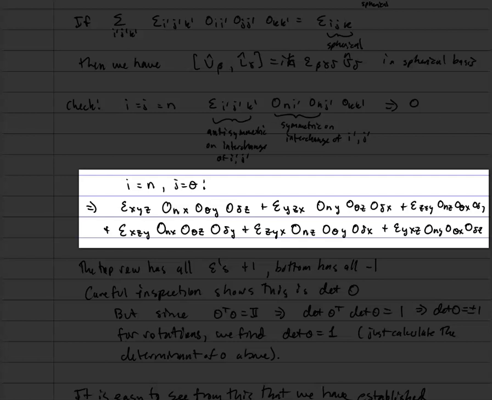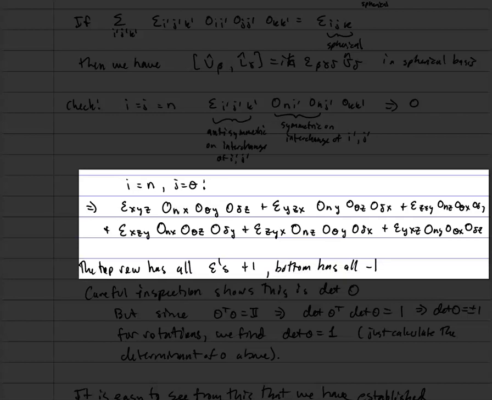I'm not going to read them out for you. If you like, you can pause the video and just work them out for yourself. It's essentially just bookkeeping to make sure you get all of the terms. Now, I've organized it in such a way that in the top row, all of the epsilons are 1 because those are the even permutations of x, y, z. And in the bottom row, they're all -1.